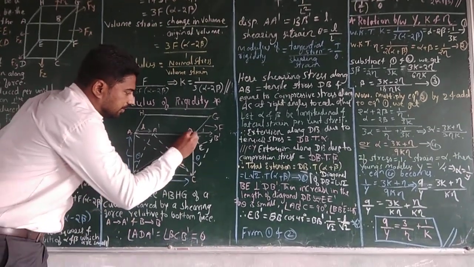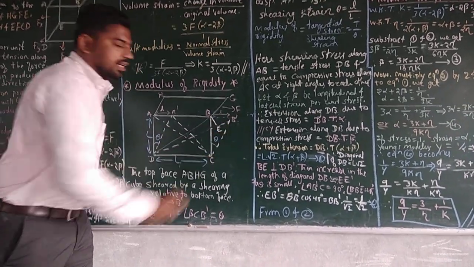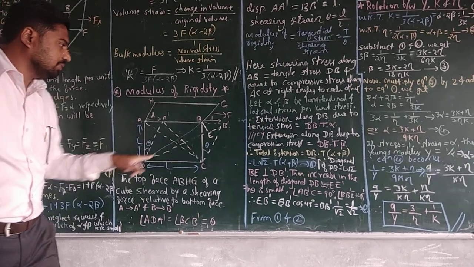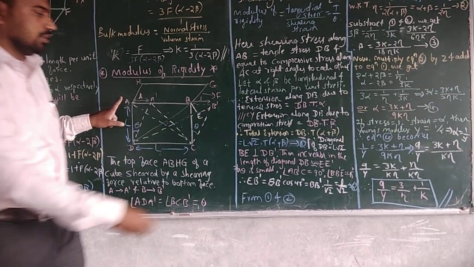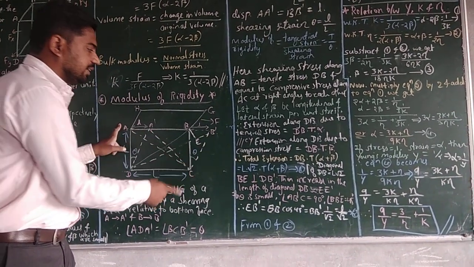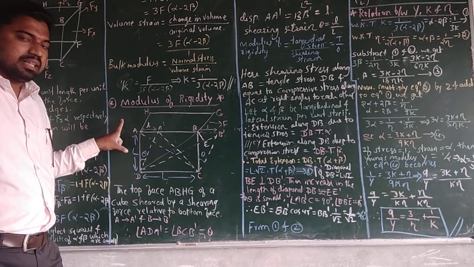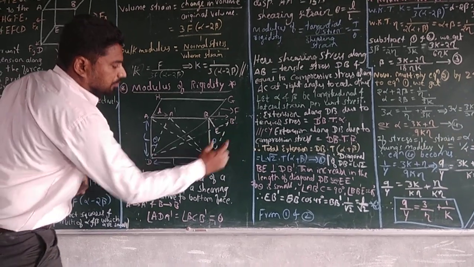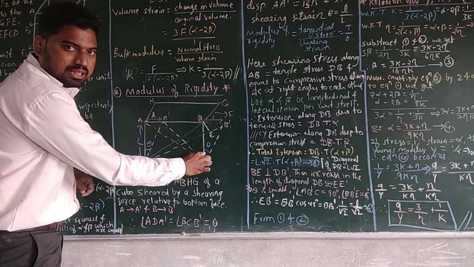Okay, now we have to draw BE, which is perpendicular to DB dash. If you draw BE perpendicular to DB dash, then see here, angle A B dash C is 90 degrees and angle B E B dash is 45 degrees. Therefore the extension E B dash is equal to B B dash into cos theta.